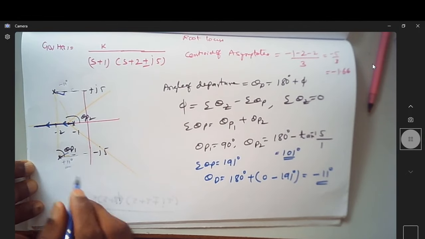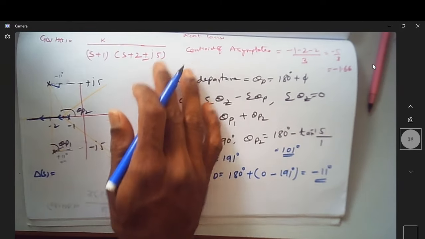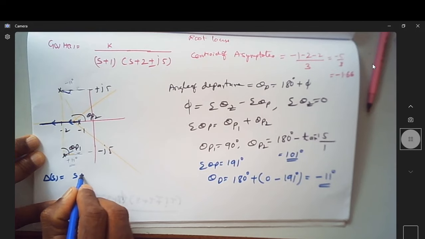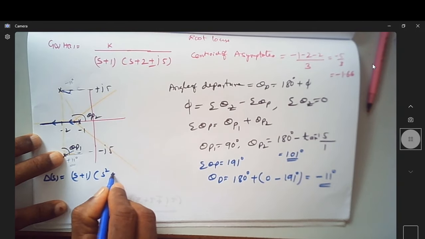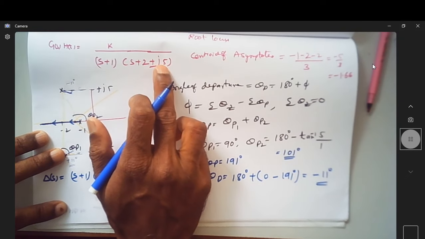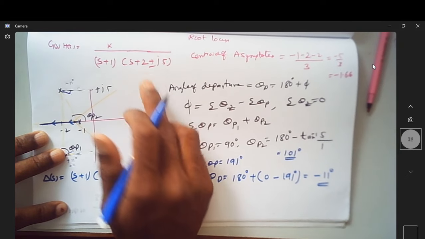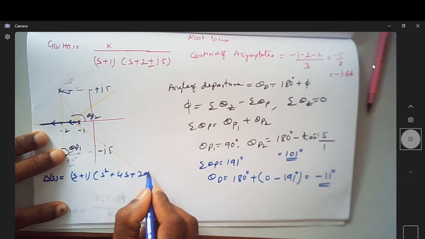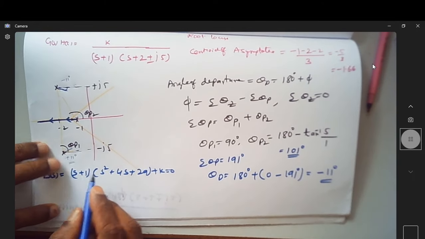If I write it here, delta of s happens to be s plus 1 times s square plus 4s plus 2 square plus 5 square, which is 25 plus 4, that is 29, plus k equal to 0 is my characteristic equation.